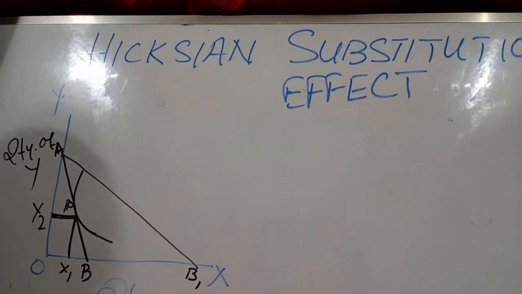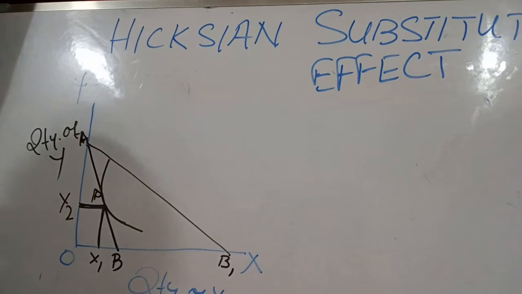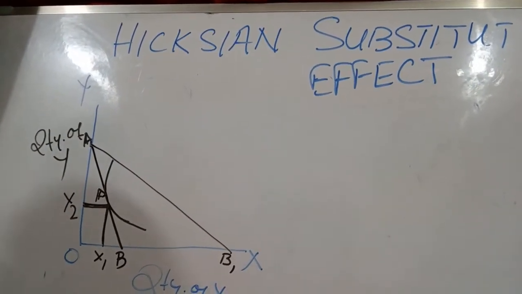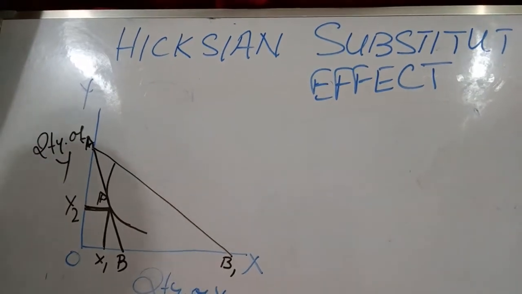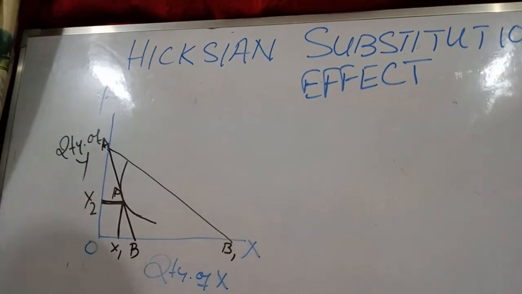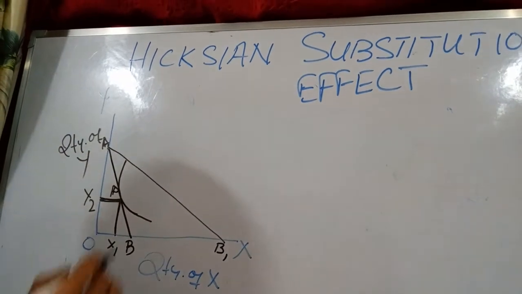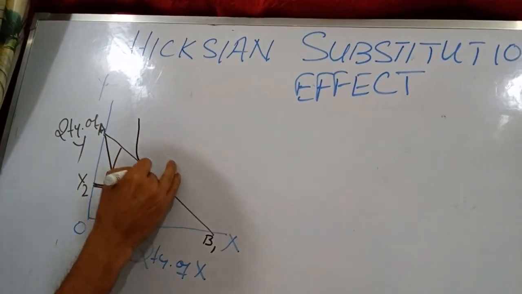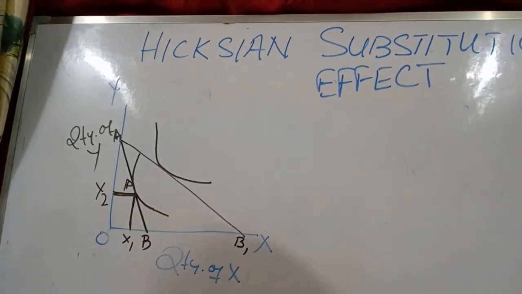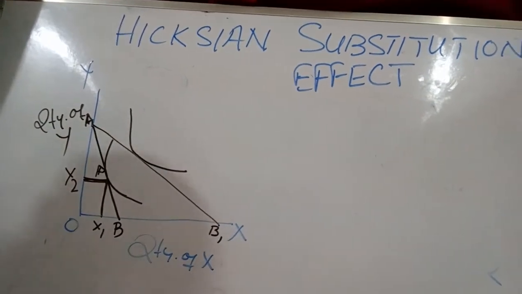So, with falling price of X, price of Y and money income remaining unchanged, the real income of the consumer increases and the consumer moves to a higher budget line AB1. Price of Y has remained unchanged. So he moves to a higher indifference curve because now he wants to increase his satisfaction because there has been increase in his real income.